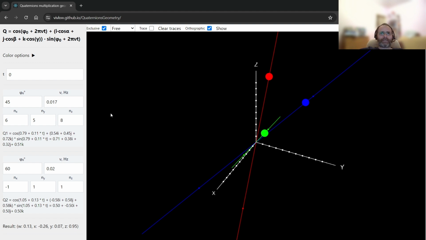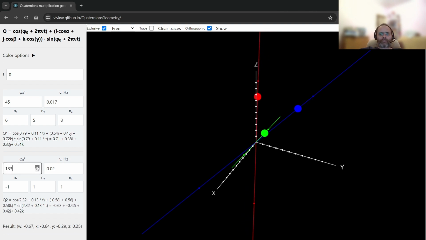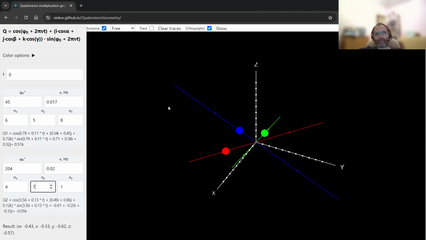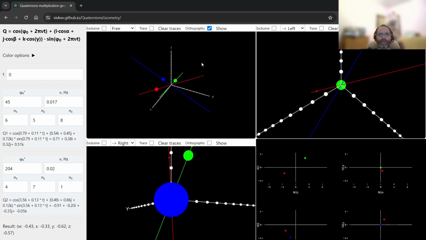That is, for the second quaternion, you can change the angle and you can change the directional vector and its components. Okay, now let's exit the exclusive mode and look at the remaining two windows.